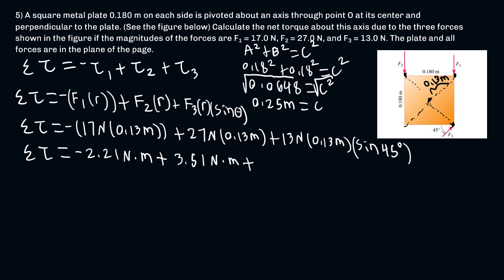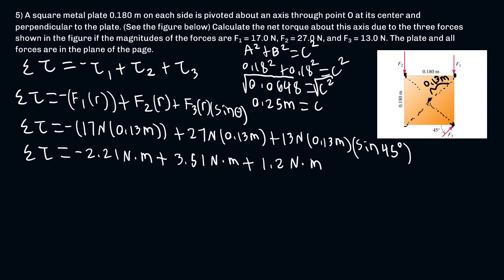We're going to multiply these two numbers together, and we're going to end up with our torque there as 1.195, so that's going to be 1.2 newtons times meters.